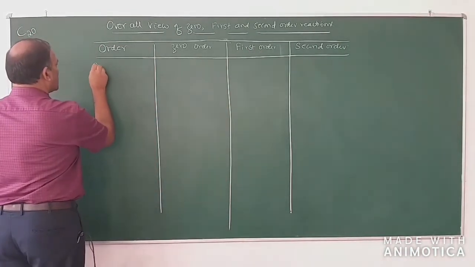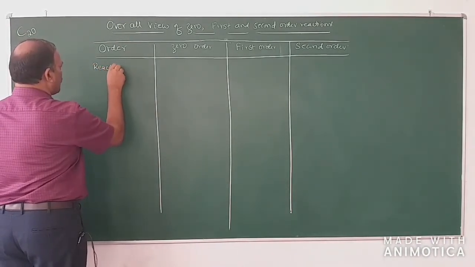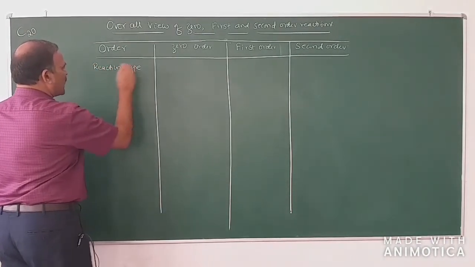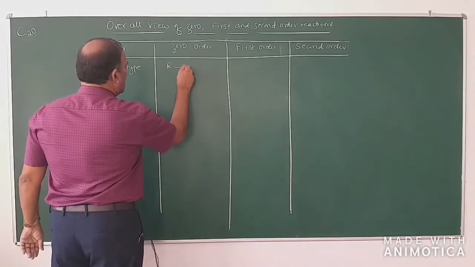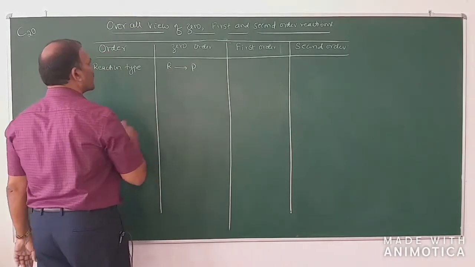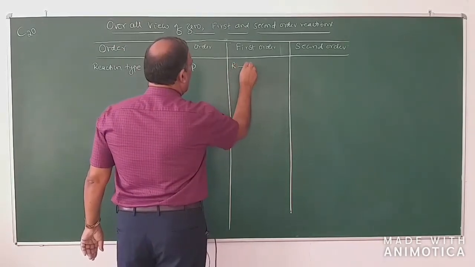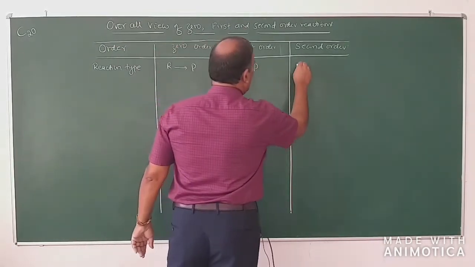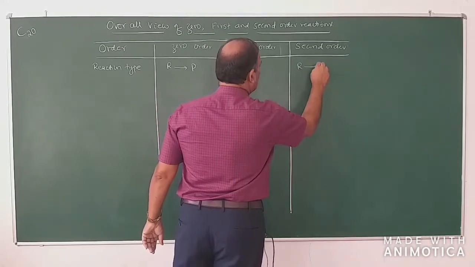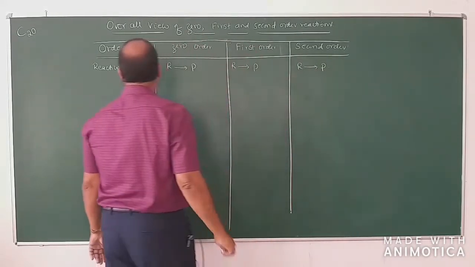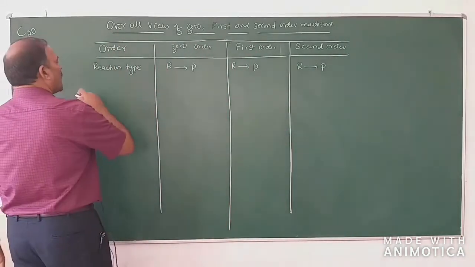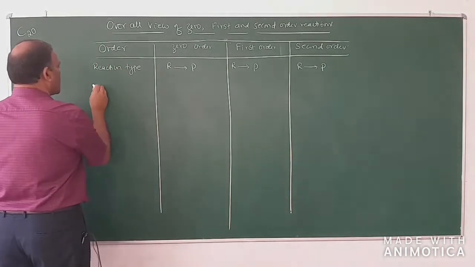What is the reaction type? Reaction type, R gives P for zero order reaction. Here R gives P, here also R gives P. And then coming to differential rate equation.